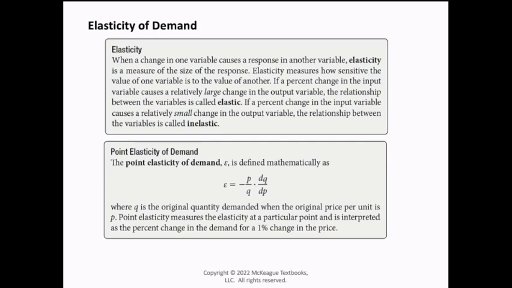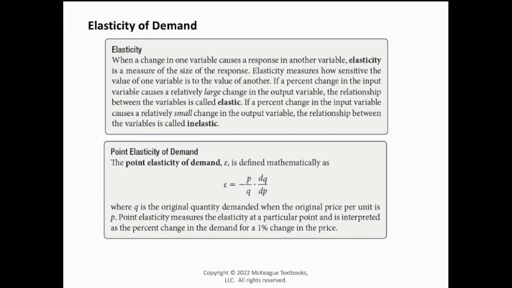So, for example, if we're talking about the price of an ice cream cone at an ice cream stand, if the price of the cone goes up just a little bit and people start cutting back on going to the ice cream stands and purchasing ice cream with their family, then this is considered an elastic demand because a small change in the price of the ice cream cone changed how much people wanted to purchase ice cream cones.